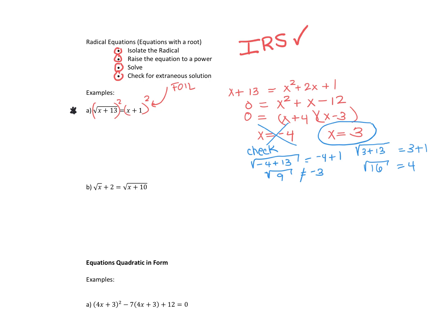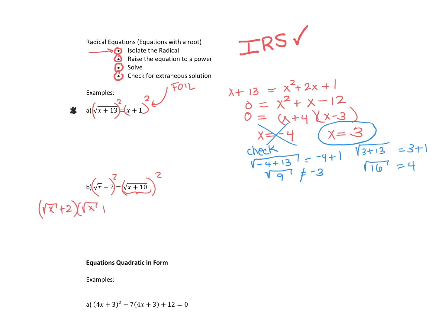For our next example, we actually have 2 square roots. So following our protocol up here, we first isolate the radical. Well, you can see that this piece over here is isolated. So we're going to square both sides. And since I have to FOIL this and it looks a little strange, I'm going to multiply it out.